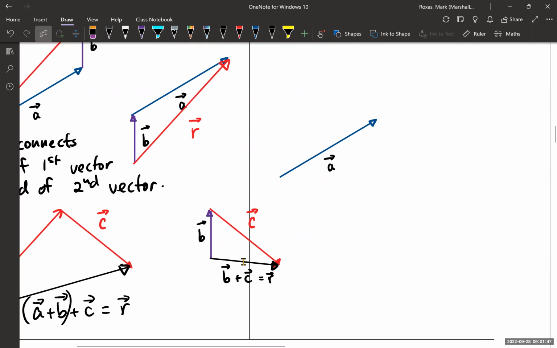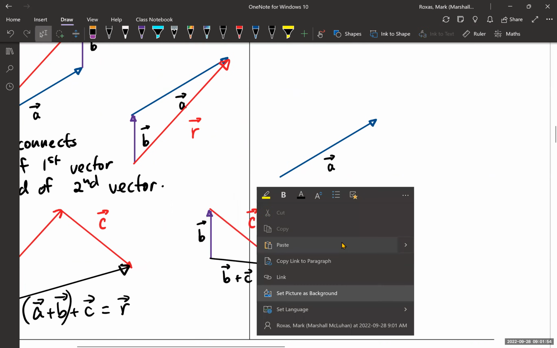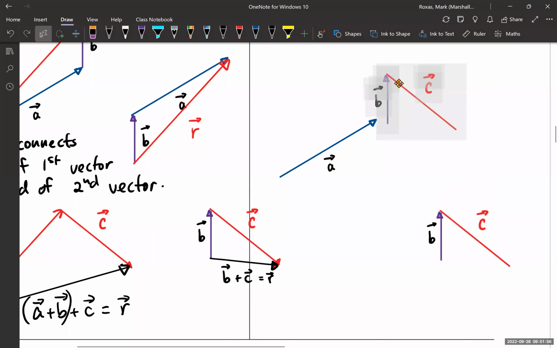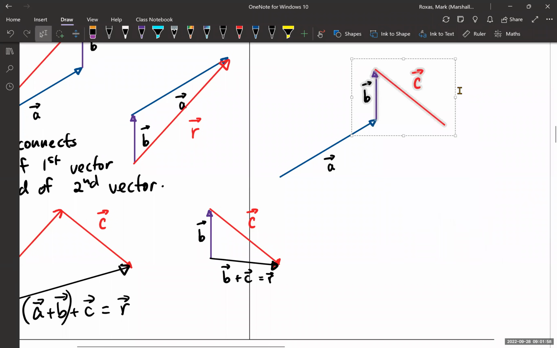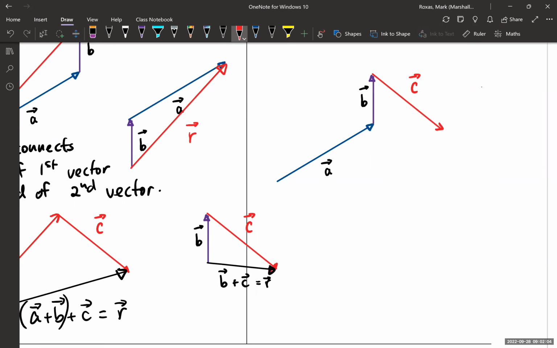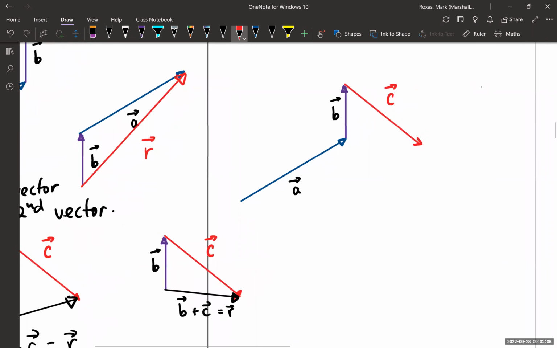And I could take the resultant from the previous example, but I just want to show you one where I put 3 vectors on the same diagram. So A plus B plus C, like that. Okay, and here, remember, even now if you're adding 3 vectors together, you still connect them head to tail, head to tail, head to tail.